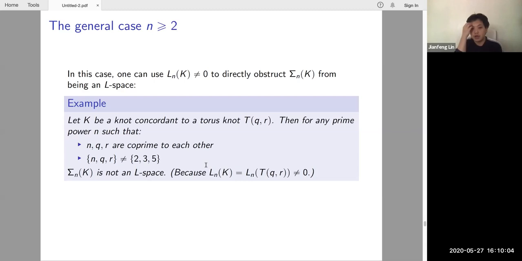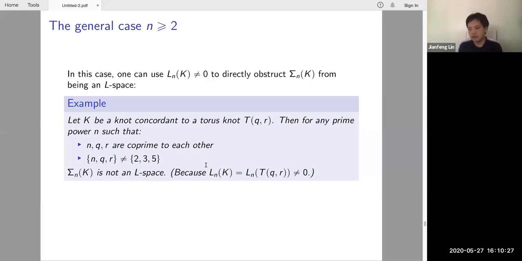Then for any prime power n such that n, q, r are coprime to each other, and (p,q,r) is not a permutation of (2,3,5), using this monopole Lefschetz number we can conclude that the n-fold branched cover is not an L-space.